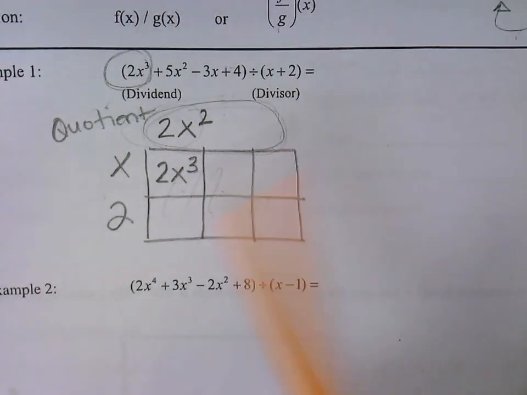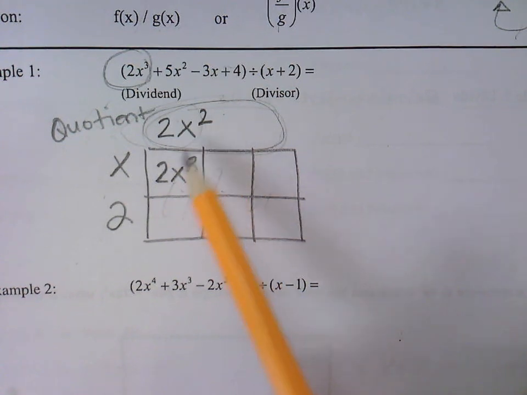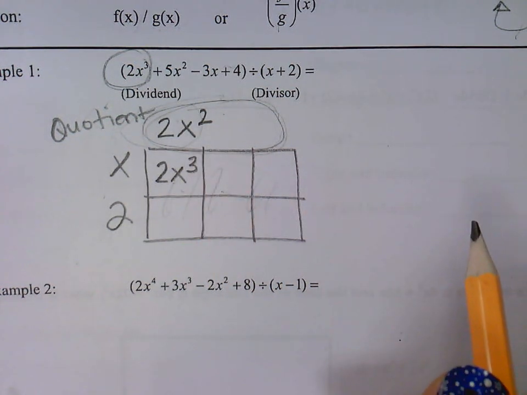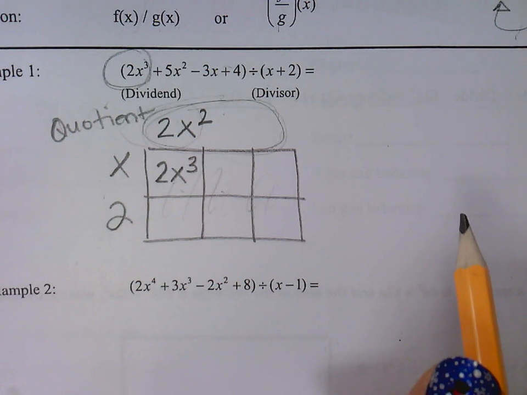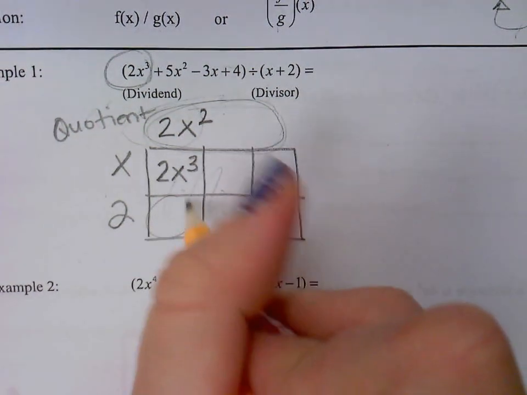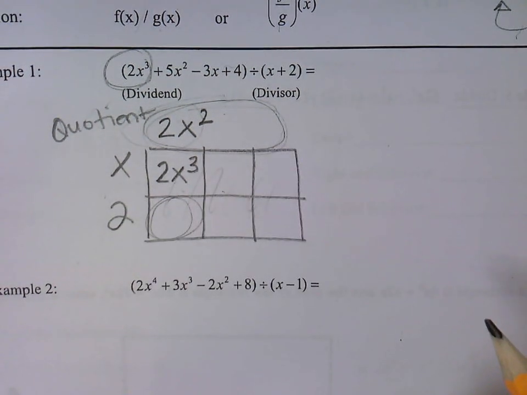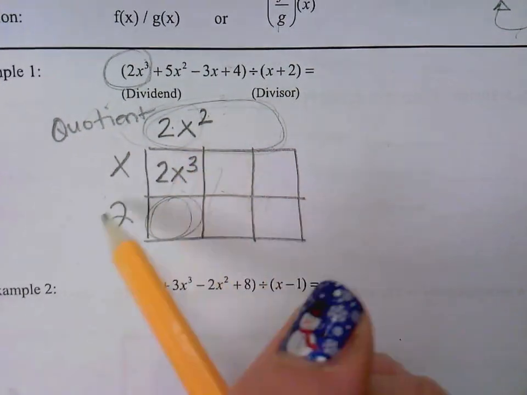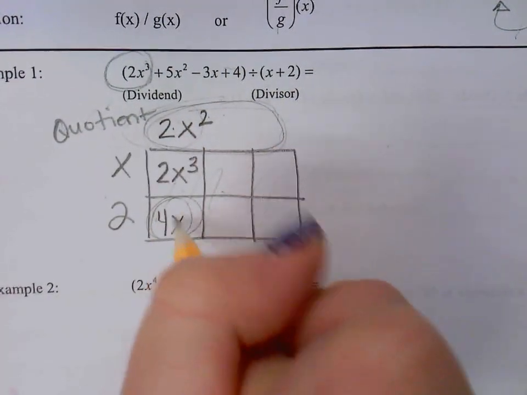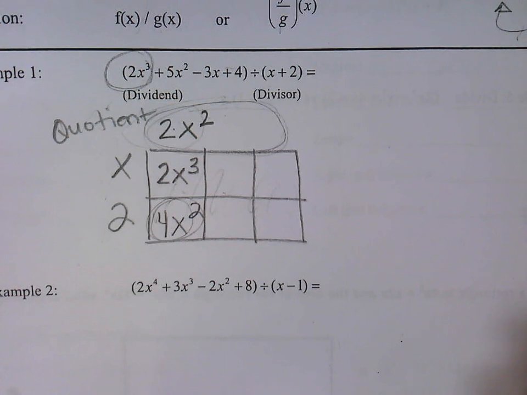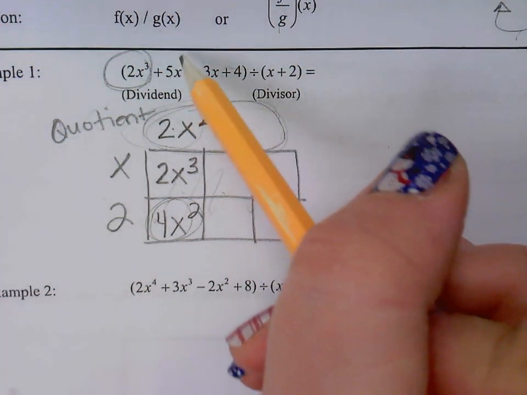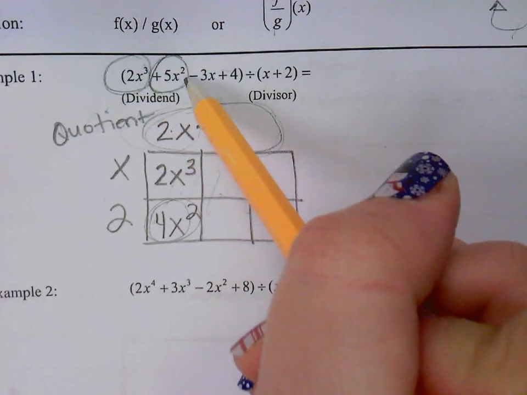All right, so then, do you see a box that you could now fill in that you know what it is? What box can I fill in now? This one right here. What has to go in that box? 2x squared times 2 is 4x squared. All right, so now I'm stuck again. So now I need to go back to my dividend. How many x squareds are in the dividend? 5x squared.